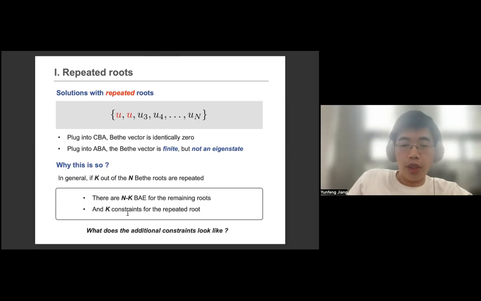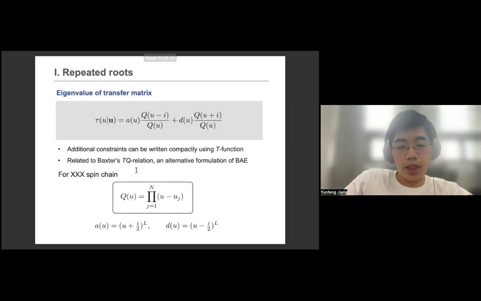To answer this question, it's useful to first consider the eigenvalue of the transfer matrix. The eigenvalue of the transfer matrix, which is the coefficient in front of the wanted term, takes this form, where A and D are given here for the XXX spin chain. Q is the usual Baxter's Q polynomial.